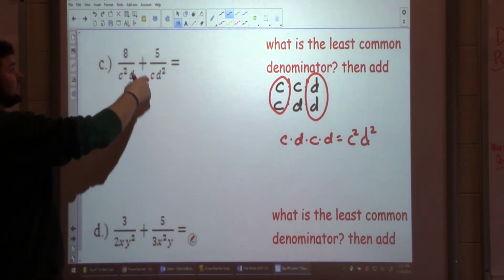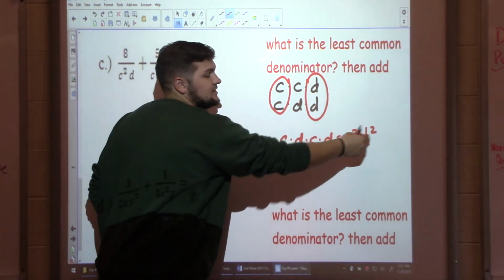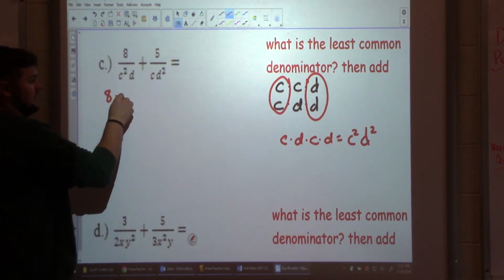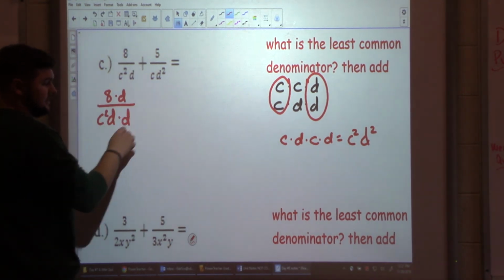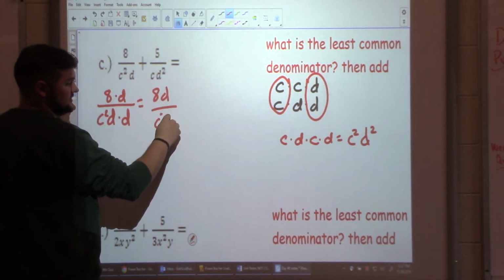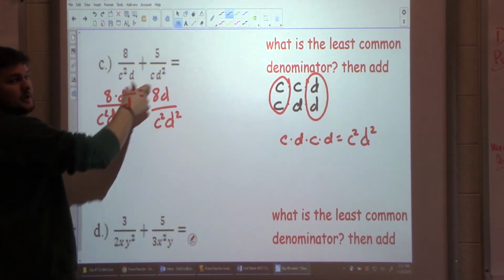What do I have to do to the first fraction to get from c squared d to c squared d squared? Multiplied by d. So 8 times d over c squared d times d. It does 8d over c squared d squared. What about the second fraction? What should I multiply by?